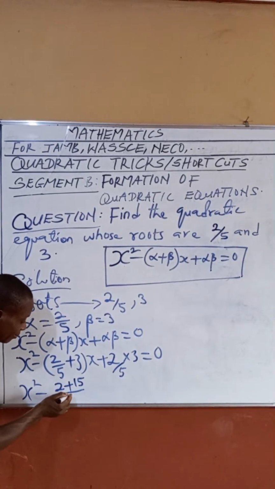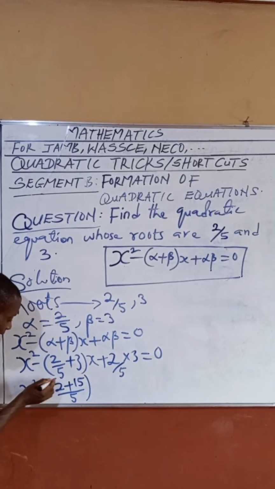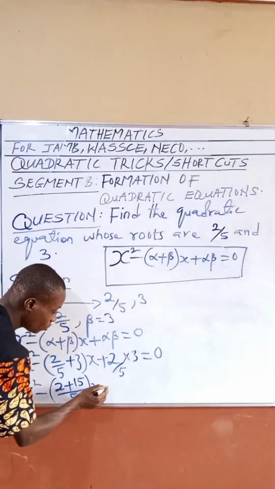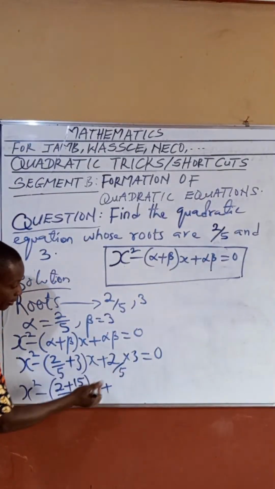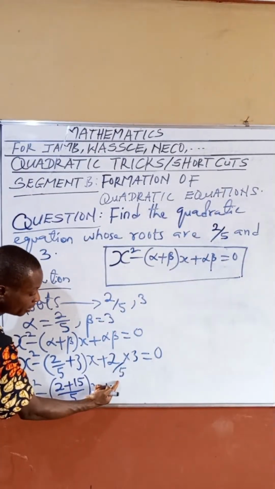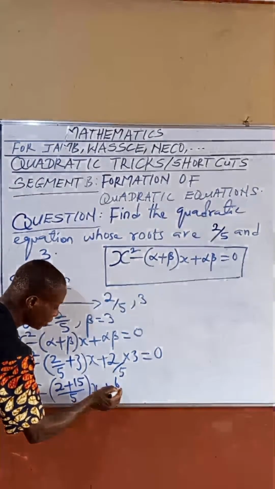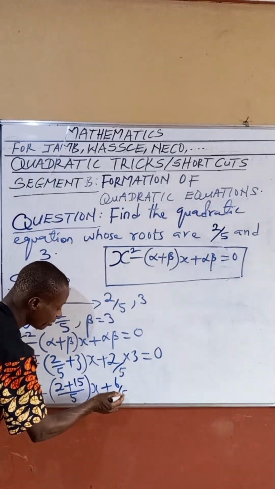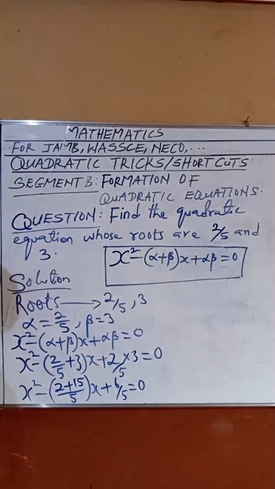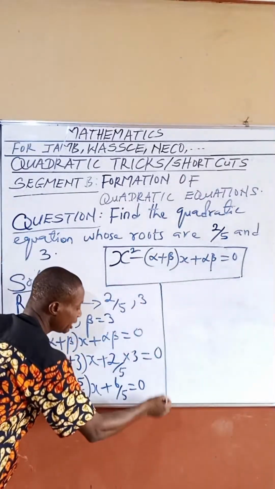Then divide it by this 5 here and put x here. And for this one, just multiply 2 over 5 by 3. So this becomes 6 over 5 equal to 0. That's what we have in this case.